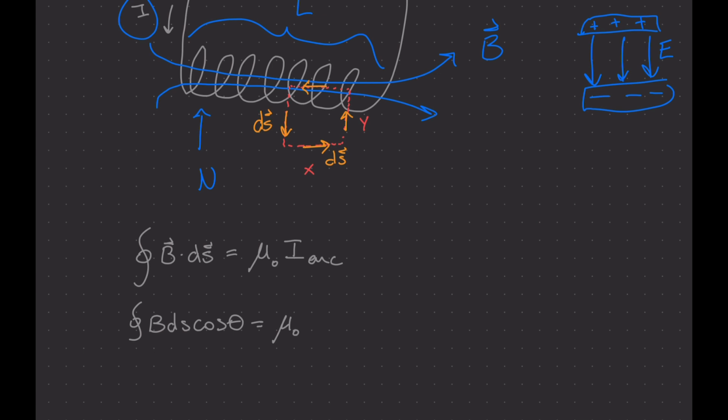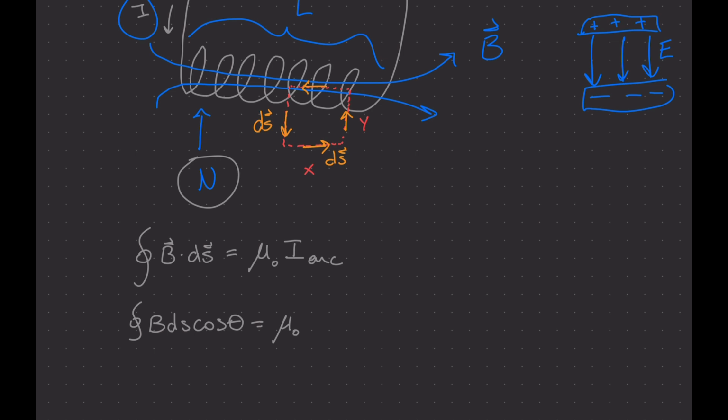And let's actually take a look at what the current enclosed is. So if I do this with my Amperian loop, I can see that over here, some parts of the wire are coming through and then they're going in like that, right? So I actually enclose certain portions of the wire. How many of these portions do I enclose? Well, actually, hold up a second.